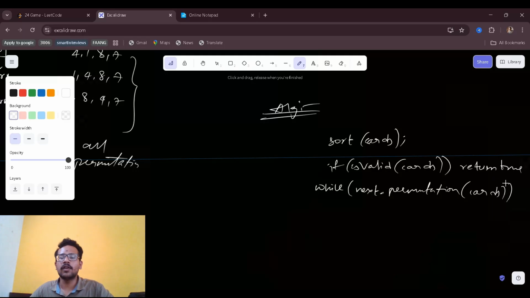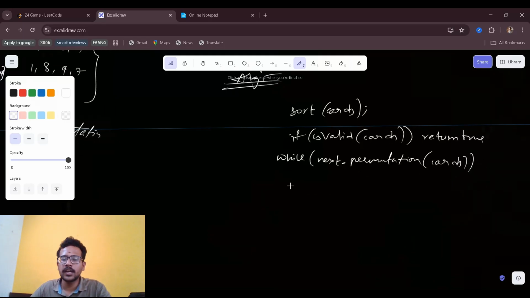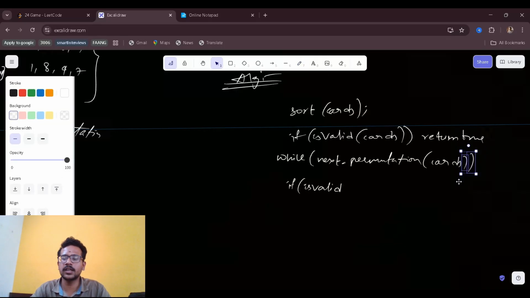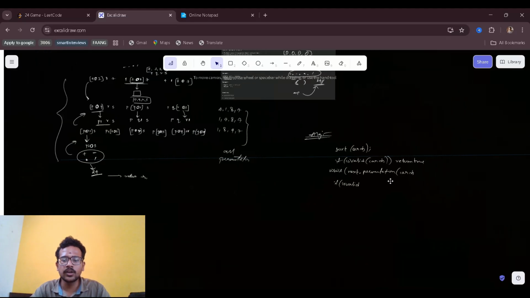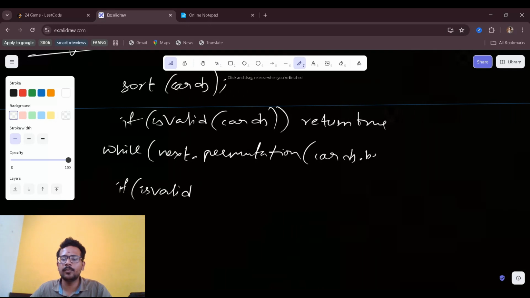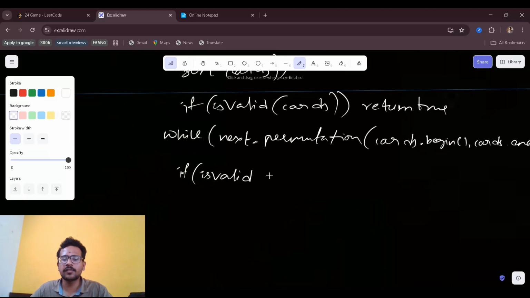So we'll be changing to the next permutation, the cards will be changed: next permutation of cards dot begin comma cards dot end. If the cards are valid, then return true for every permutation. I am checking for all the permutations, and if I didn't get any true value, I'll return false.